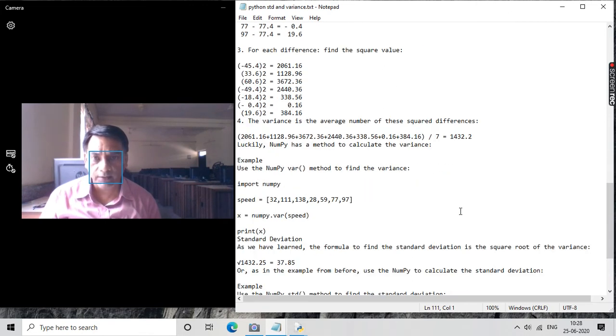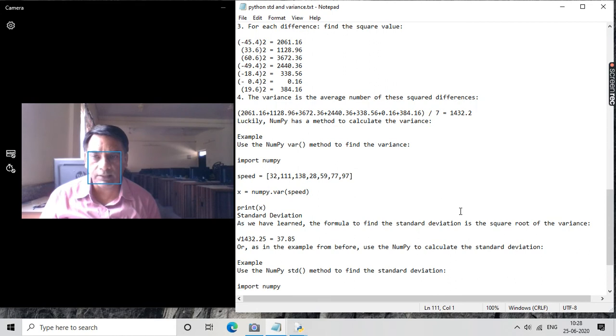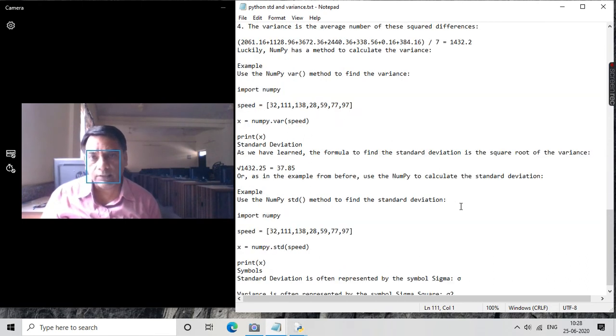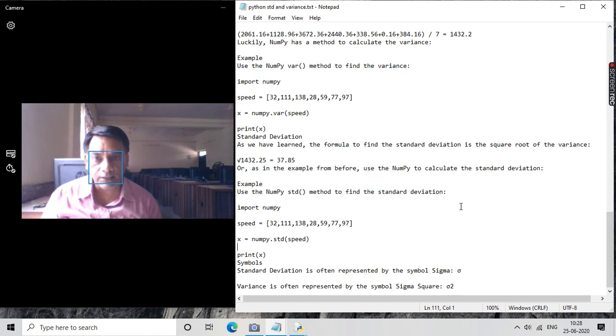It is so simple to understand, but as far as the subject of Python is concerned, we have to stick with the use of the function, not with the mathematical logic. These are part of it, but for understanding purposes, I have made this for you. And at last, there are two symbols used: sigma and sigma square. Sigma is for standard deviation, sigma square for variance.